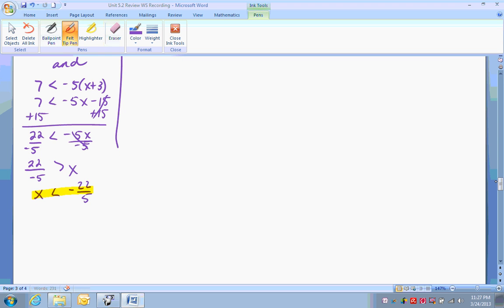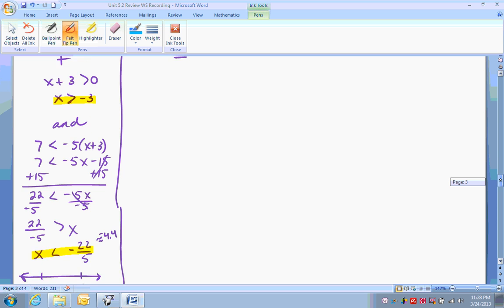And then we draw our number line. And we put negative 22 over 5, which is equivalent to negative 4.4, sorry. And negative 3. So now I have to shade.